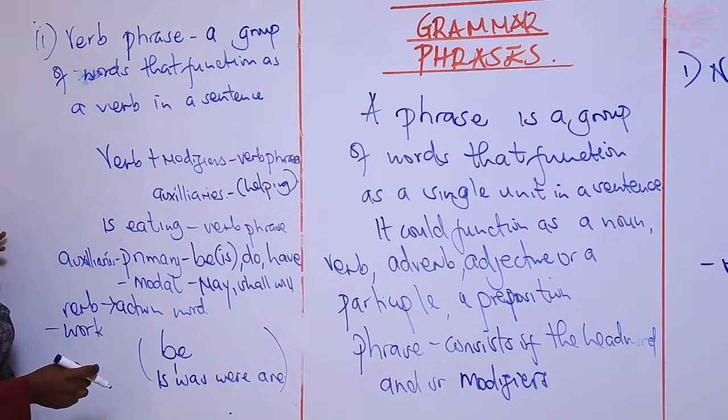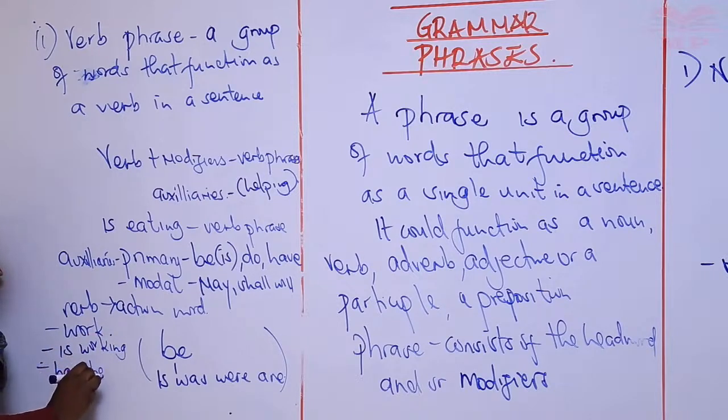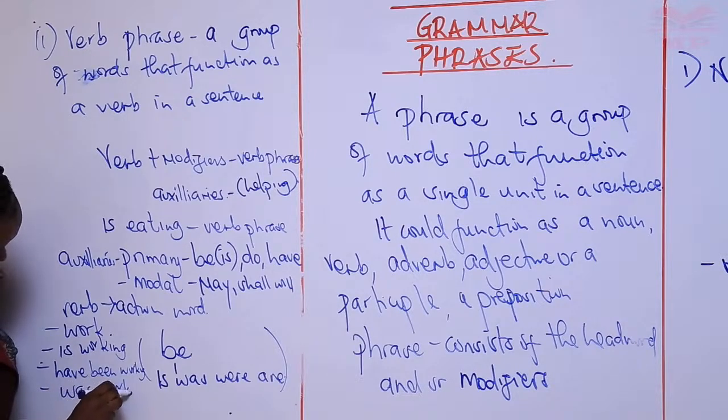So an example of a verb phrase is very easy. We can have "is working," "have been working," maybe "was working." All these make up the verb phrase.